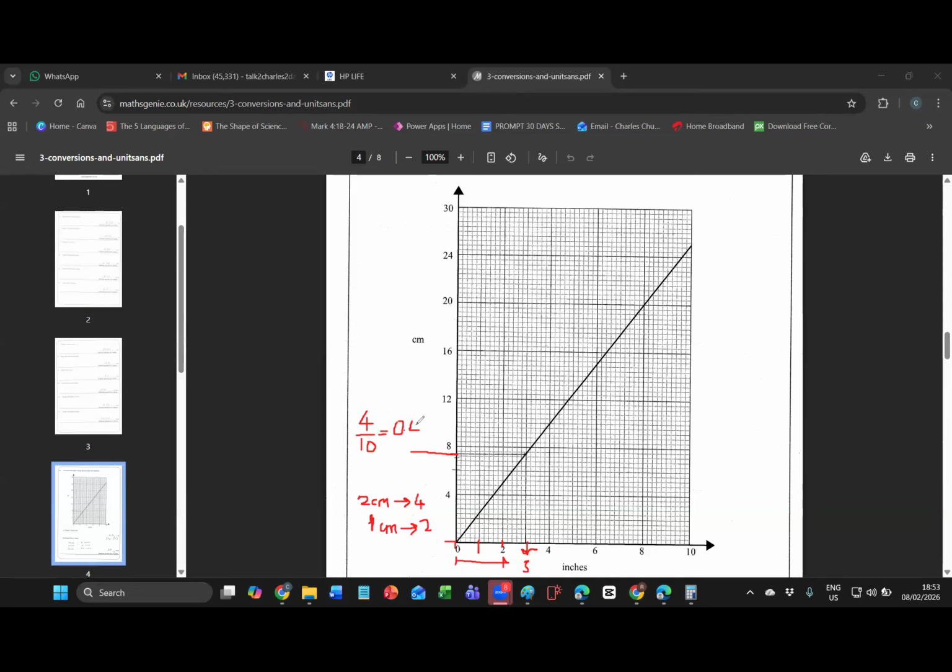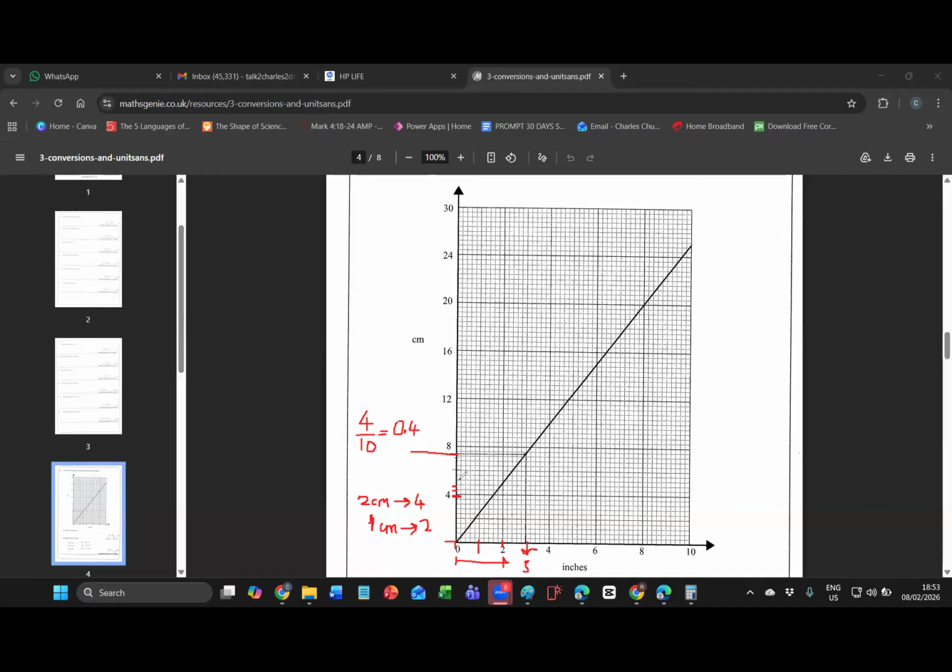Okay, so look at what that means. It means that if here is 4, then the next small box above it is 0.4 more. That's 4.4. Then 4.8.